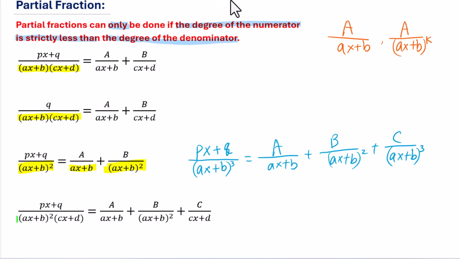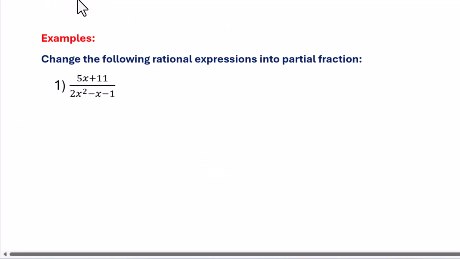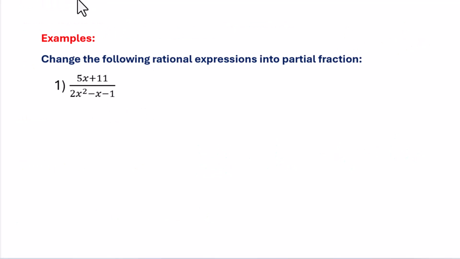When denominator is ax plus b squared times cx plus d, you will have ax plus b squared and cx plus d as the denominator for partial fraction.